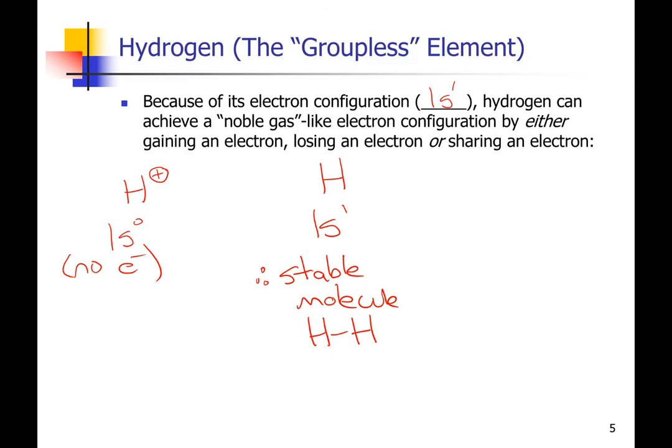So to achieve a noble gas electron configuration that actually matches a noble gas that exists, we need our hydrogen atom to gain an electron, which means we need to make the hydride anion, which has two valence electrons. And this has the same electron configuration as helium.